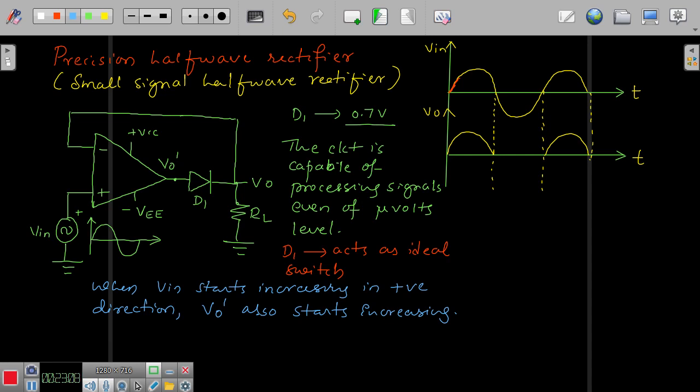So when the diode D1 becomes forward biased, now you may ask, the diode requires 0.7 volts to become forward biased, but in this particular case, since the diode is connected in the forward loop, you can see here the diode is connected this way, is it not? So this diode is connected this way, and this completes the feedback path from here. So this completes the feedback path.